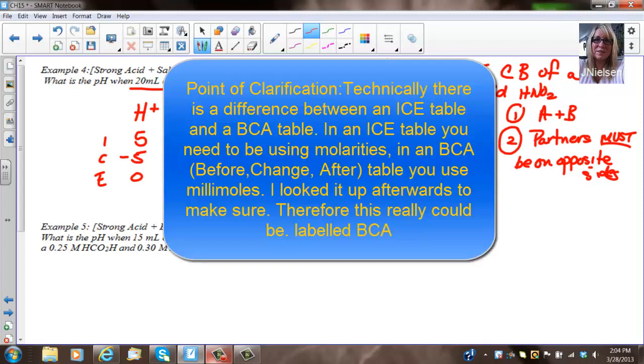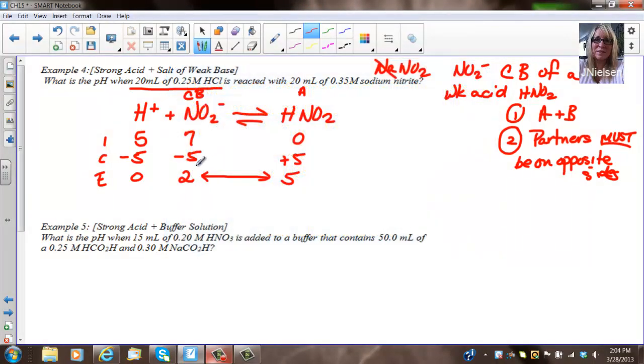Notice here that we have partners, NO2 minus and HNO2, and we have significant quantities. Therefore, we can use Henderson-Hasselbalch. We just need to know the Ka for HNO2, which if we look up in A23 is 4 times 10 to the minus 4.